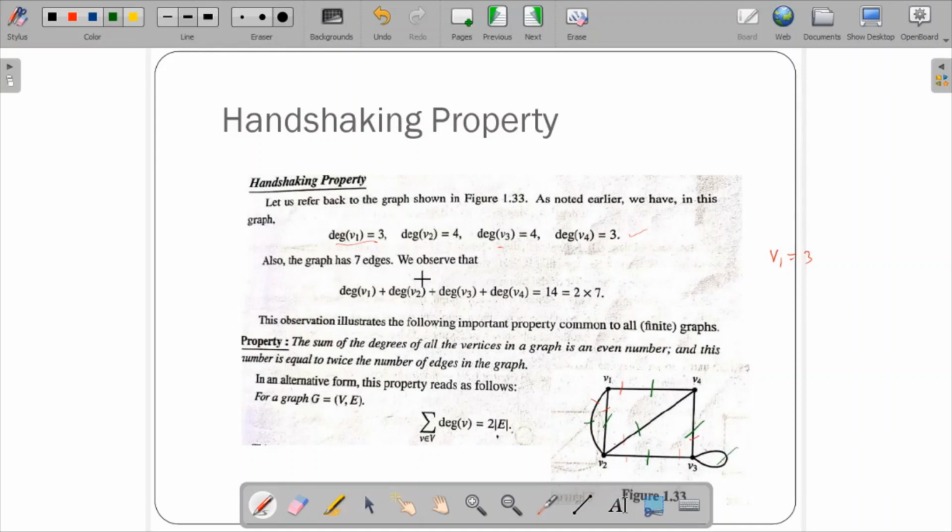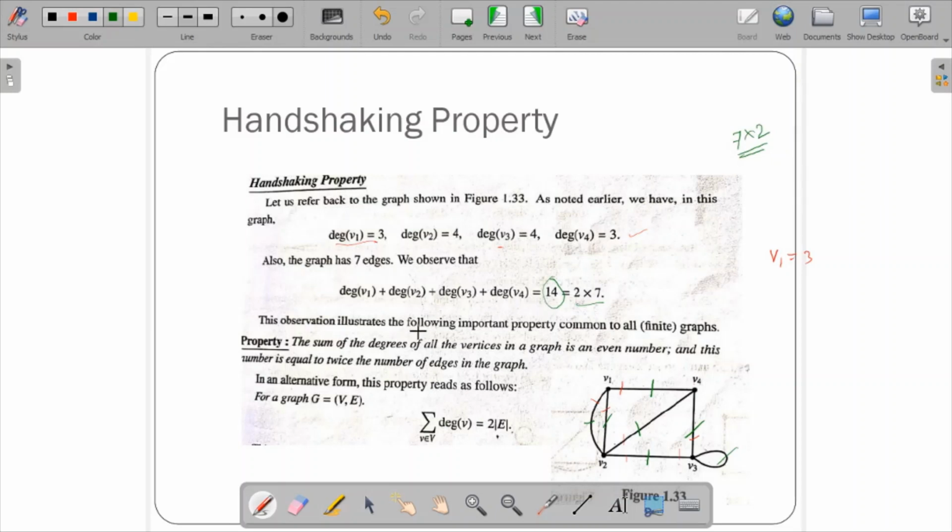So we observe that the degree of vertex 1, vertex 2, vertex 3 and vertex 4 added together gives 14. That is nothing but twice 7, where the total number of edges in this graph is 7. So 7 into 2 will give you 14.